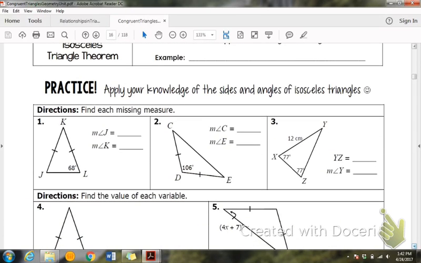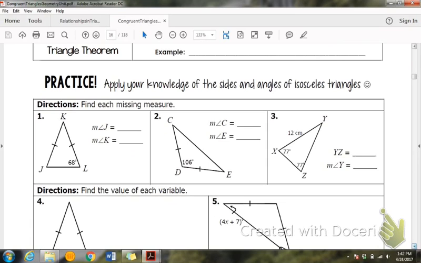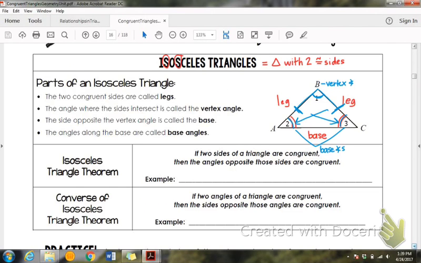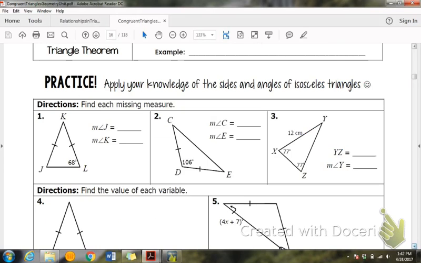Okay, number 1 says find the measure of angle J and find the measure of angle K. So if we are going to find the measure of angle J, anybody have any ideas of how we can find measure of angle J? Shelley?